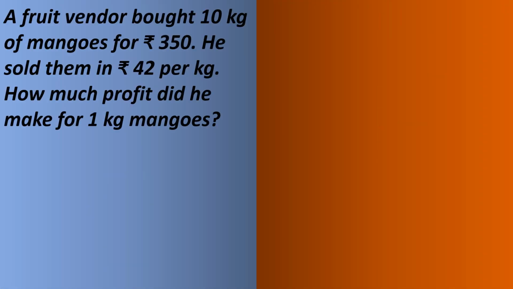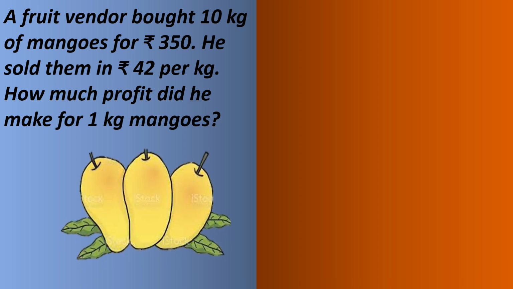Next question is, a fruit vendor bought 10 kilograms of mangoes for rupees 350. He sold them at 42 rupees per kg. How much profit did he make for 1 kilogram of mangoes? Here we need to find out the profit for 1 kilogram of mangoes. So at first understand the question and solve this step by step.